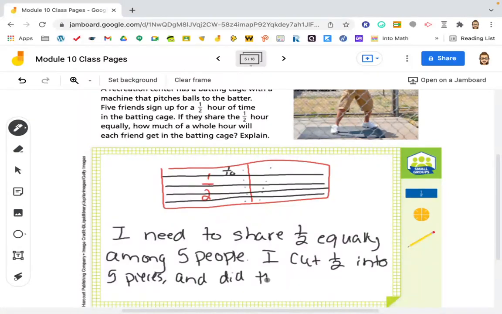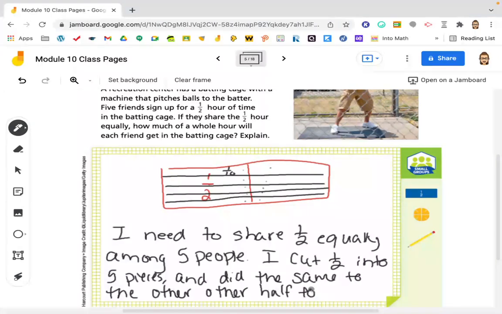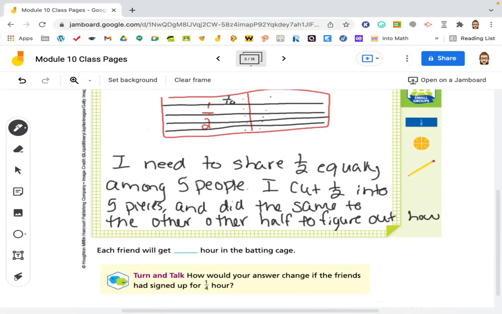And did the same to the other half, to figure out the whole, how many pieces were in the whole. Then each friend gets 1/10 hour.